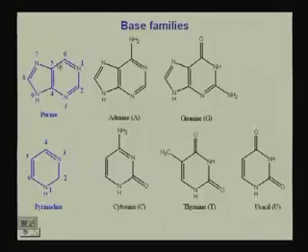This is the numbering system that you have for purines, the numbering system that you have for pyrimidines. Okay? And as we mentioned before, when we are looking at DNA, we have A, G, C and T. When we have RNA, we have A, G, C and U instead of T. So, these are our different base families.